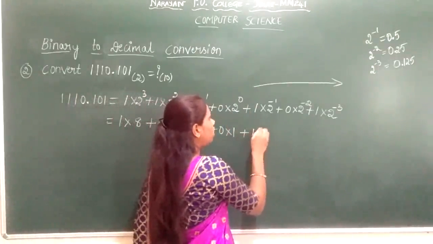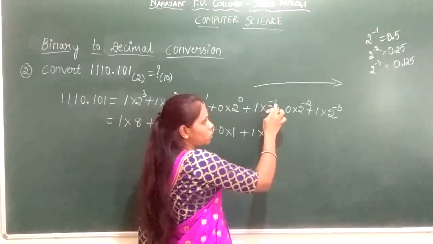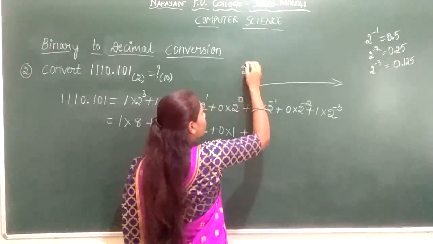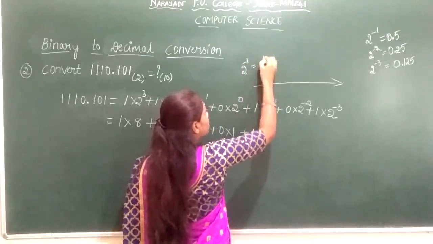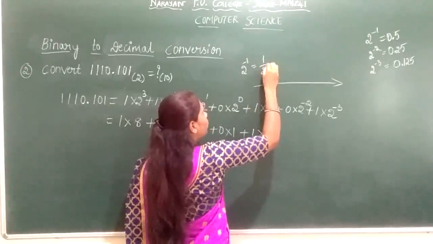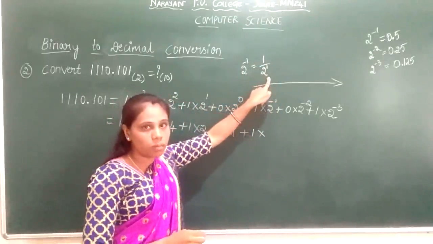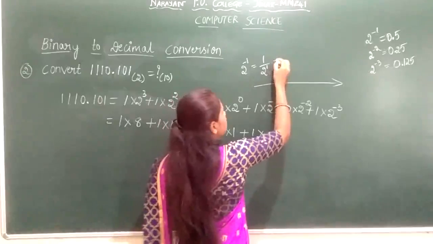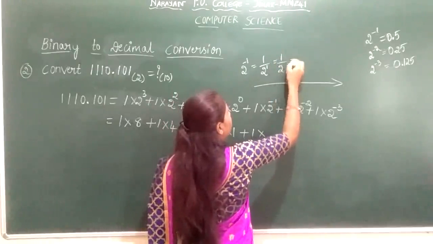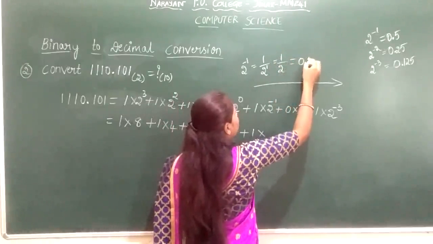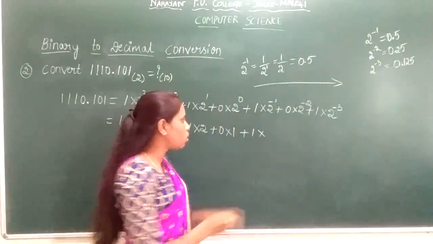Next 1 into 2 power minus 1. See, 2 power minus 1 can be written as 1 divided by 2 power 1, that is 1 by 2. 1 by 2 is 0.5.